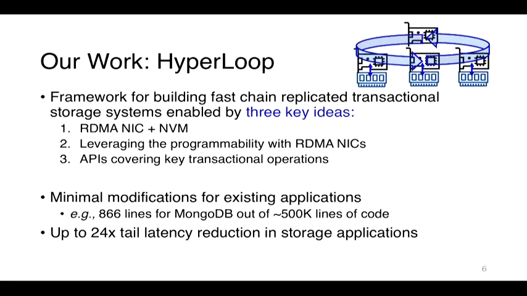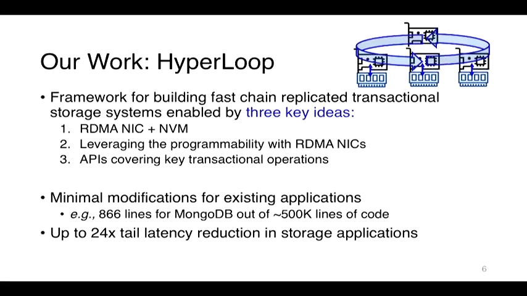Our research shows that HyperLoop can reduce tail latency for existing in-memory storage applications. On a practical note, realizing these benefits requires only minimal modifications for existing applications. For example, integrating HyperLoop into MongoDB requires 860 lines of modification out of about 500,000 lines of source code.